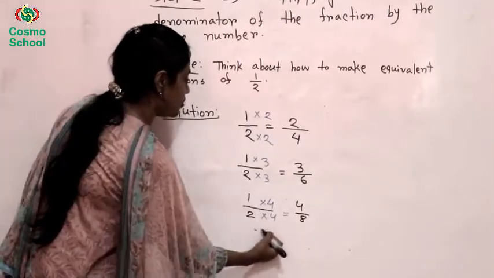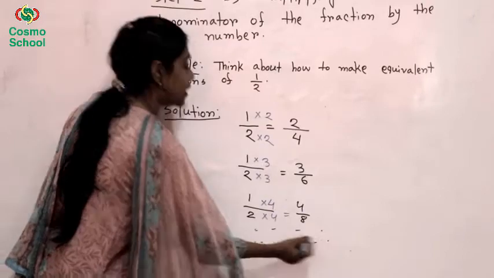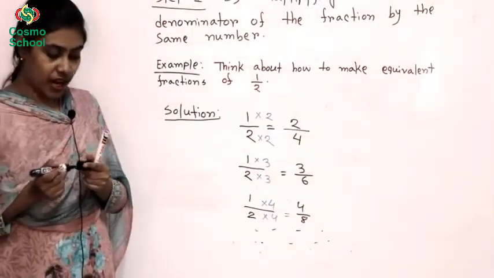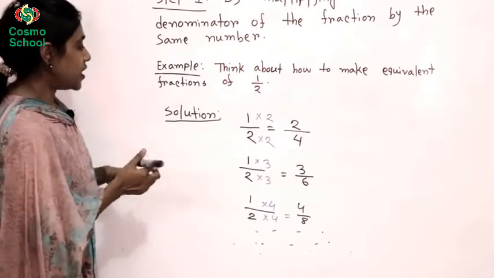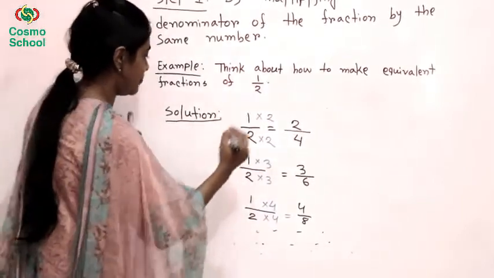So I can use other same numbers to multiply 1 divided by 2 and get the answer.